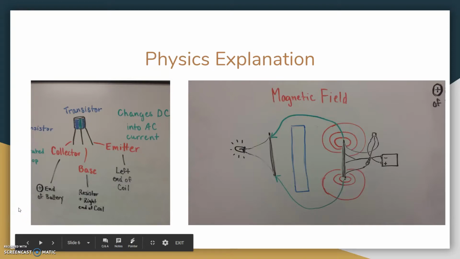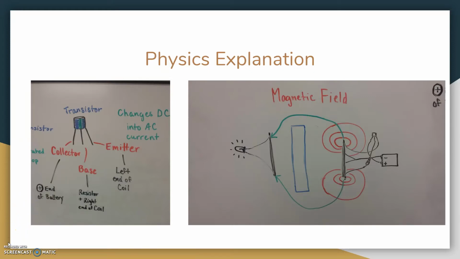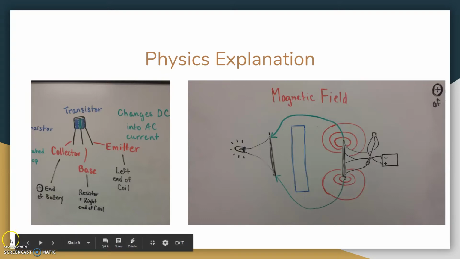This in turn creates an alternating voltage in the receiver loop that is used to light the LED. Another thing to point out is that an object can be in between the coils and the magnetic field can still find its way around the object to induce EMF.